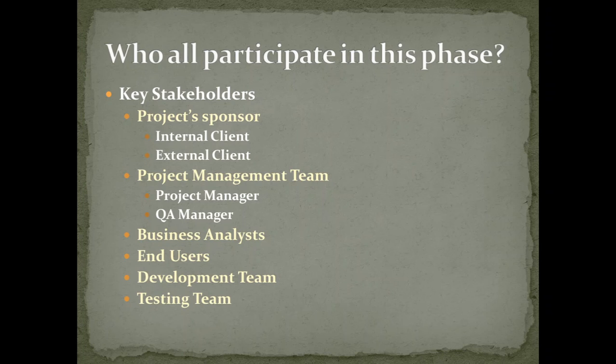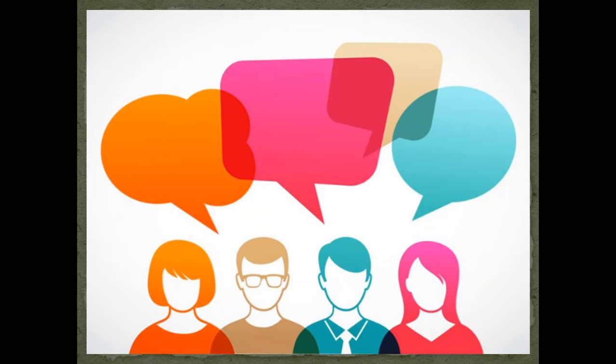So it is good to have them if there is a possibility. We have the development team and the testing team, of course, who are going to compare the end product against the requirements of the clients. Such a depiction shows how, as the number of people increases in the requirement analysis phase, the number of questions also increases.